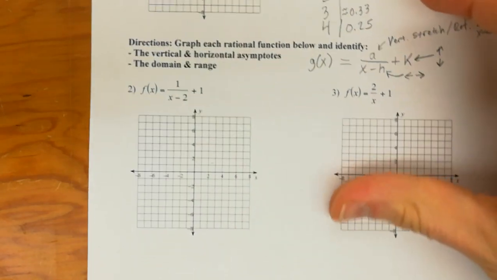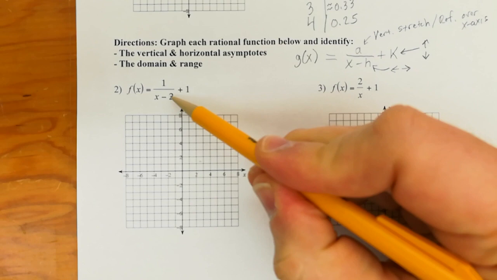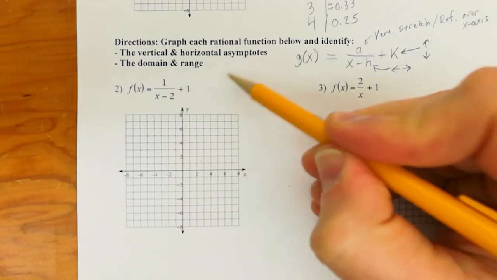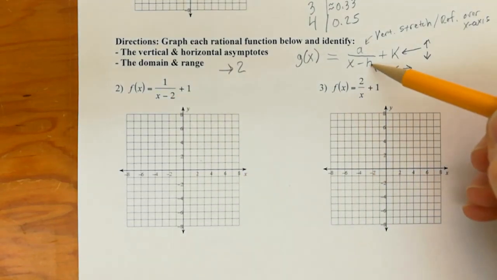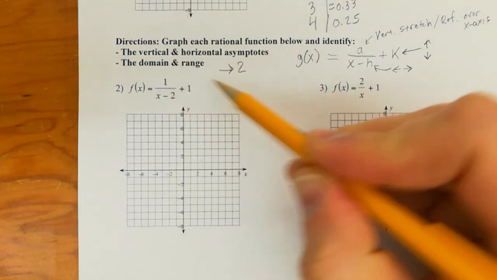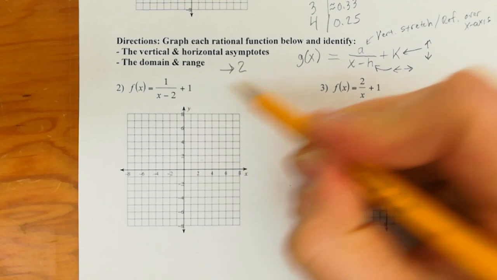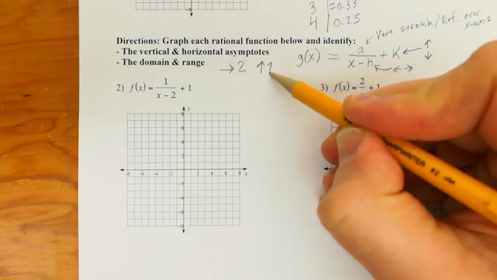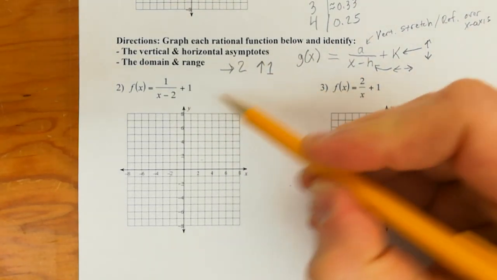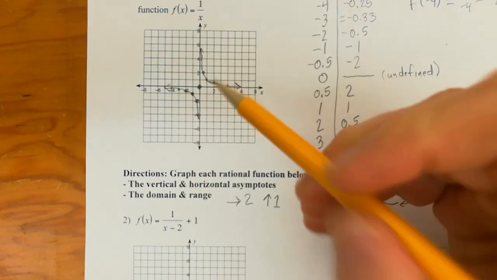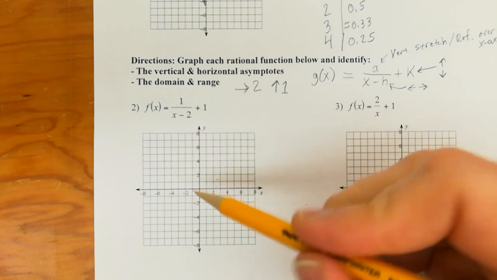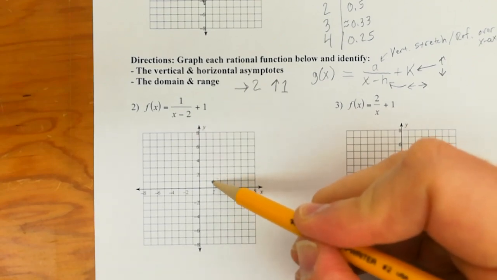And so on this graph, I can tell that the transformations are: it gets shifted right 2. Remember, h lies here, right? h is actually positive 2. And then k is positive 1, or in other words, the graph gets shifted up by 1. So that reference point here is going to get shifted right 2, up 1.